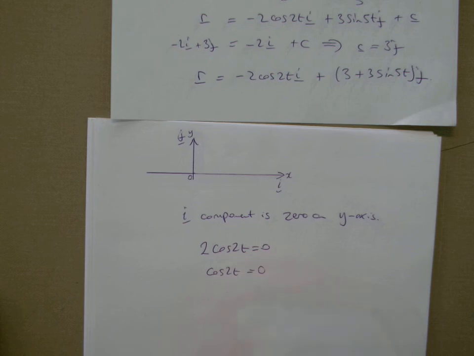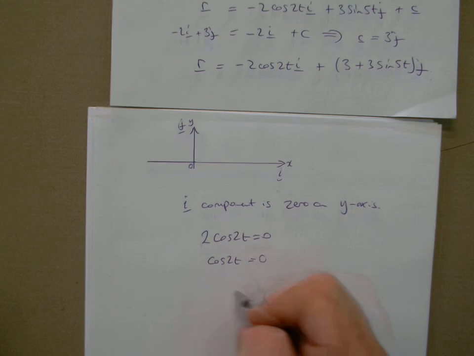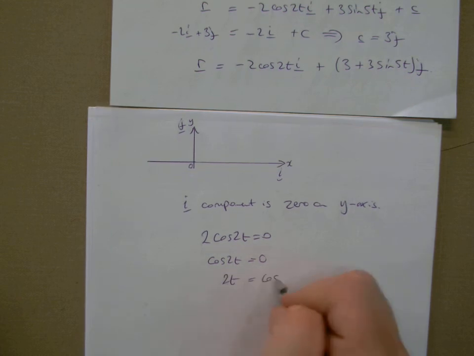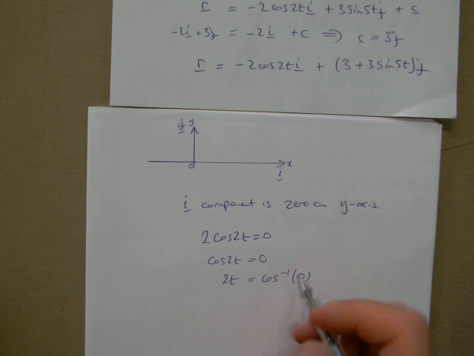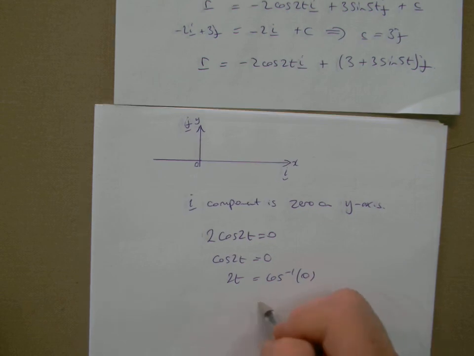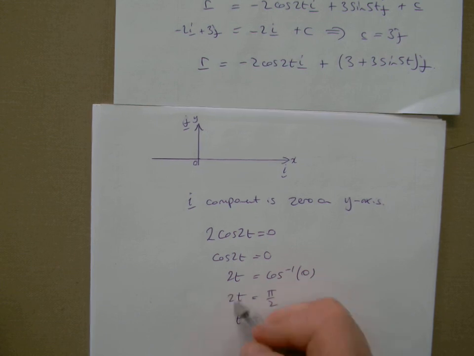Now, all you've got to do is cos inverse of 0 on your calculator. If you do cos minus 1 of 0, of course that comes out to be pi over 2. So you've got 2t is pi over 2, so to get t, you take the 2 over and divide, so you end up having 4 there. Pi over 2 divided by 2 is pi over 4. And then, yeah, we've calculated the time.